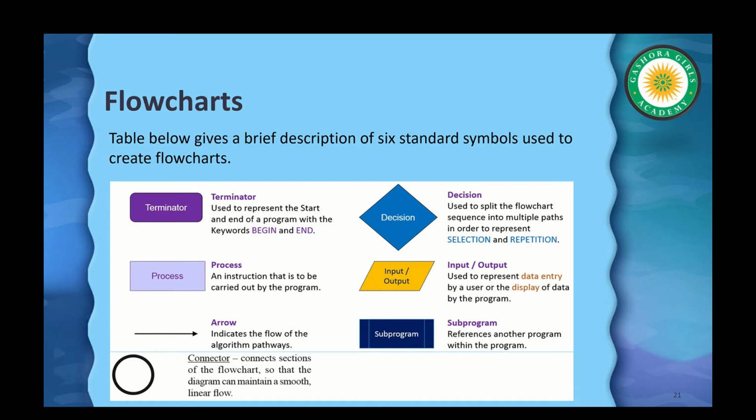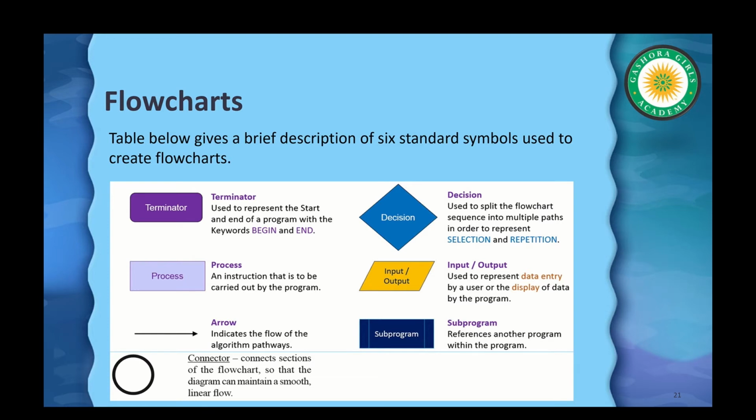We have another shape which represents a subprogram, which references another program within the program. So a program can have a subprogram. When you have a subprogram within another program, you write that subprogram in that kind of symbol.